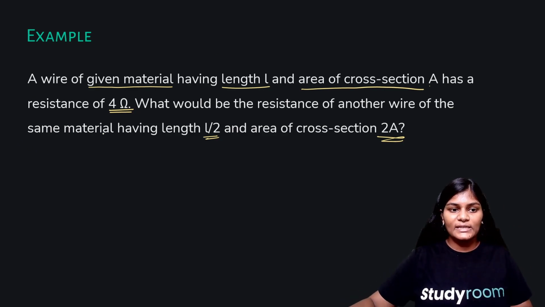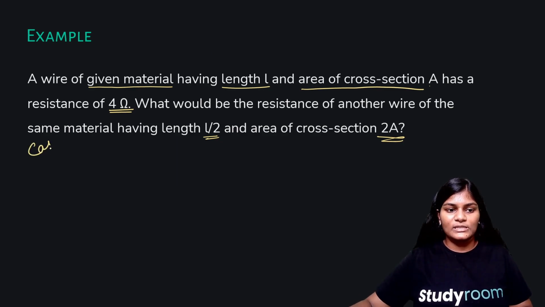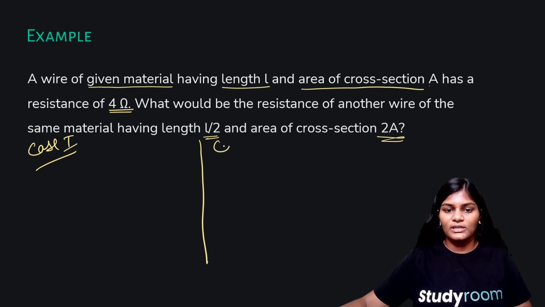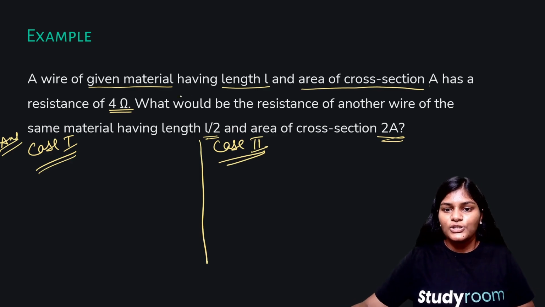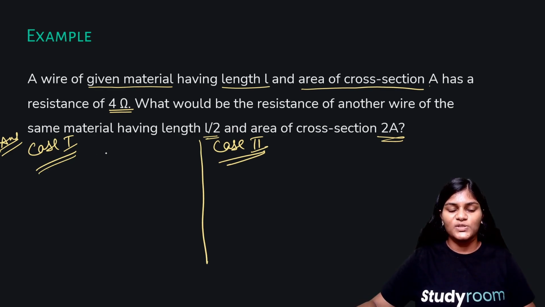So we are given that there are two cases, right? Case 1, and case 2. The material is the same, we are given, right? Okay. So here, a wire of given material having length L. So this is case 1. The first information is for case 1.